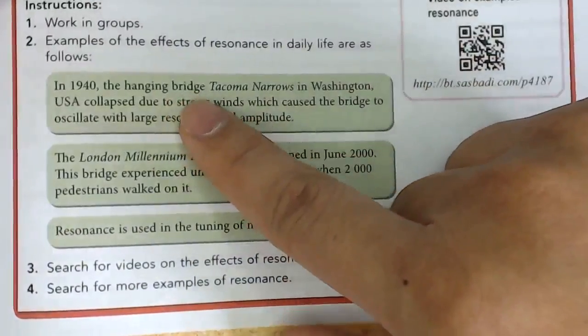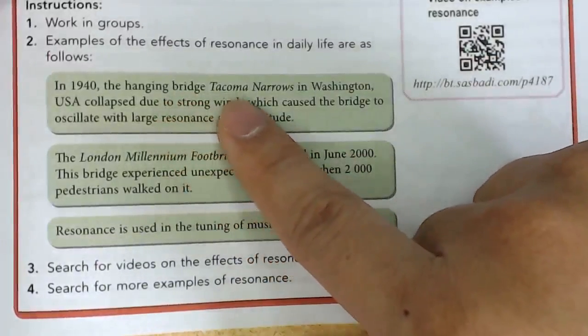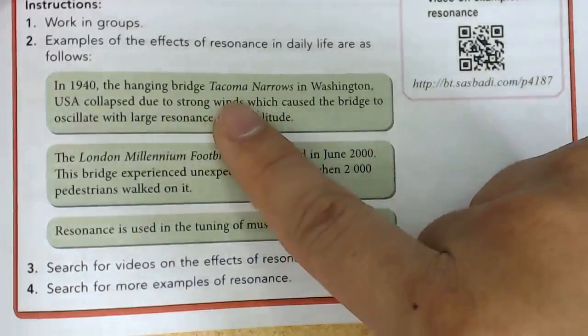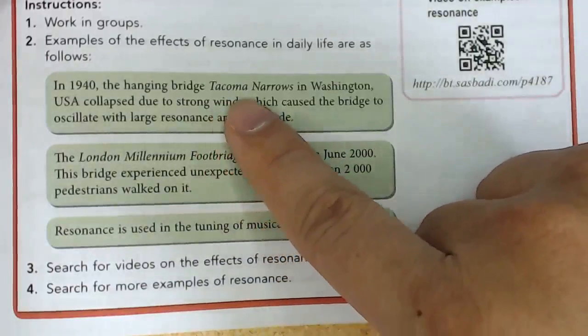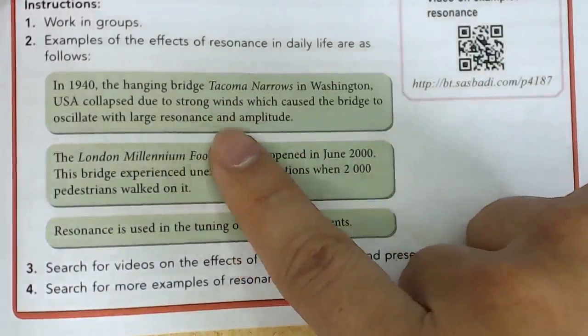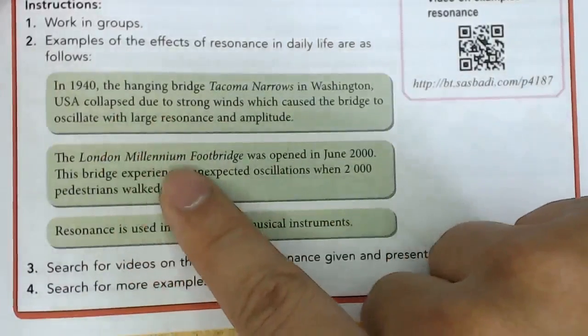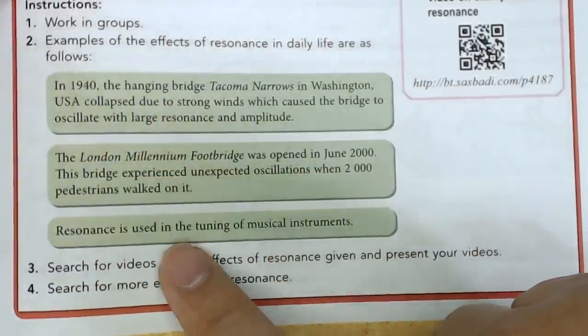You can use this: the Tacoma Bridge collapse, and then the London Millennium Footbridge collapse. Okay, and then what?